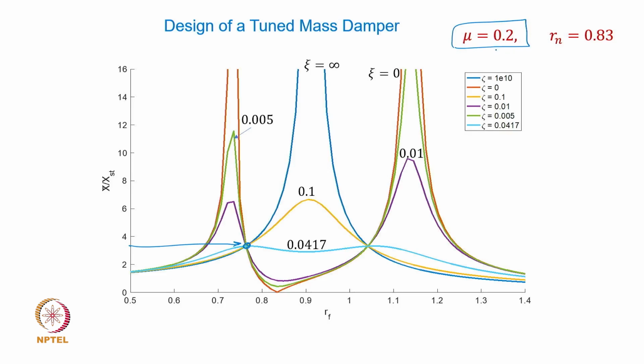And obviously, when mu was chosen to be 0.2, the natural frequency ratio, instead of 0.96 or something, will turn out to be 0.83.